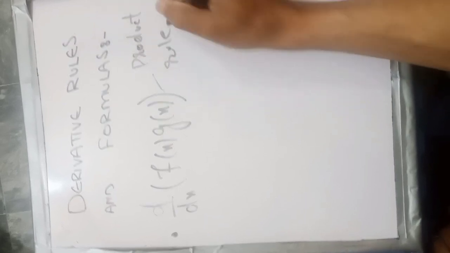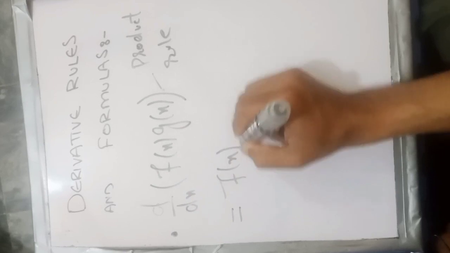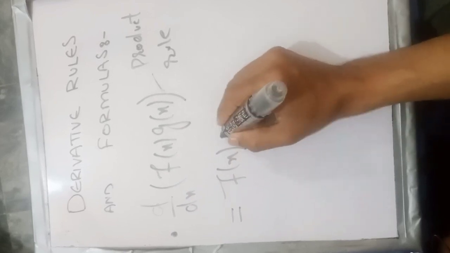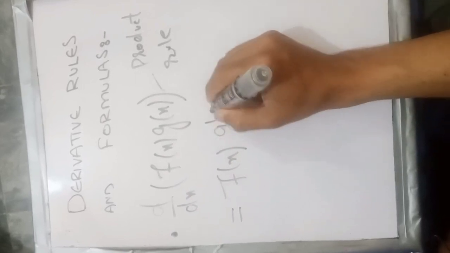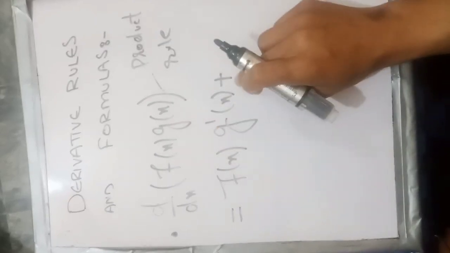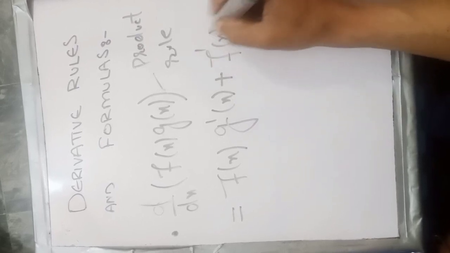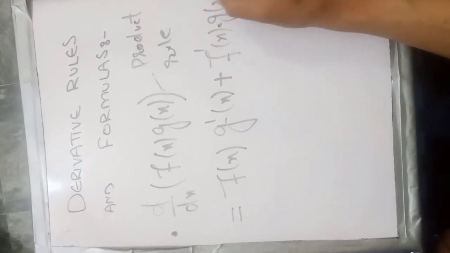The formula is: first function as it is, derivative of the second function, plus, then again derivative of the first function, second function as it is.